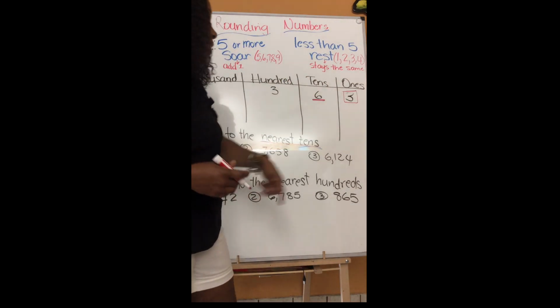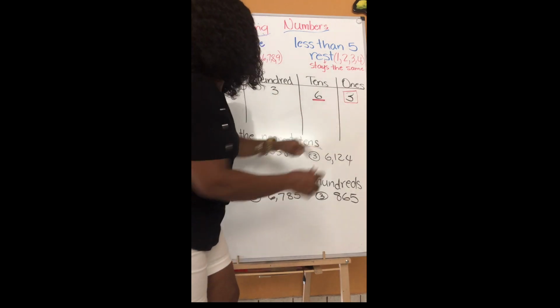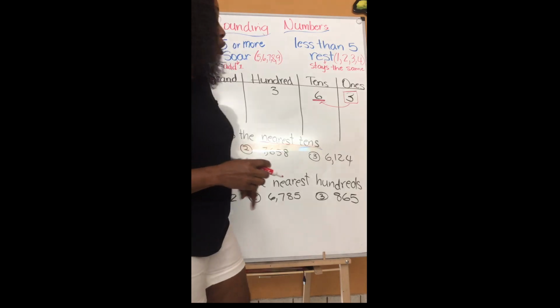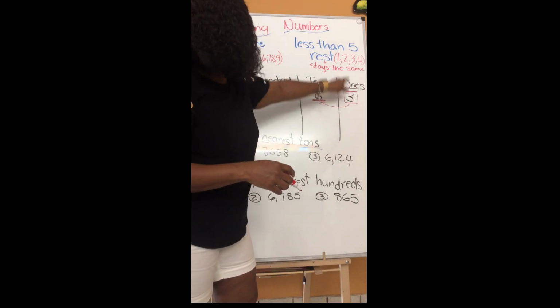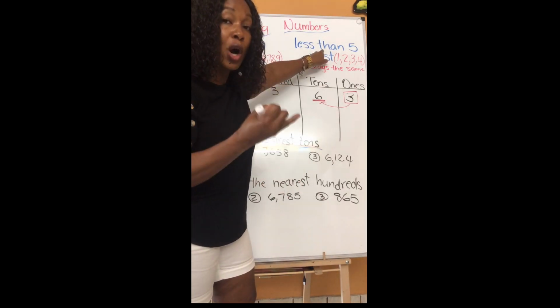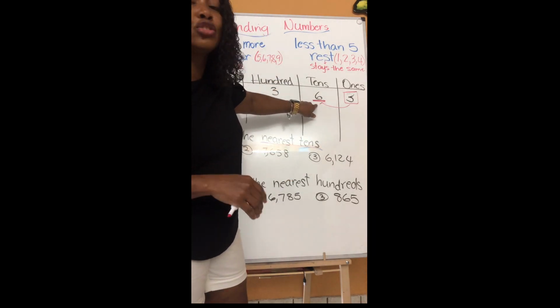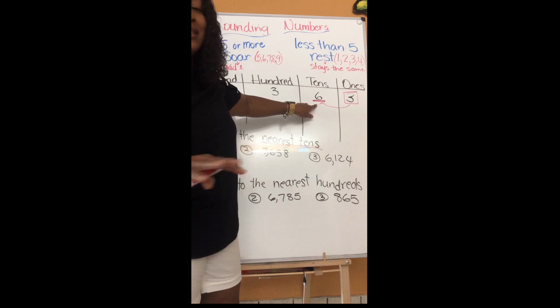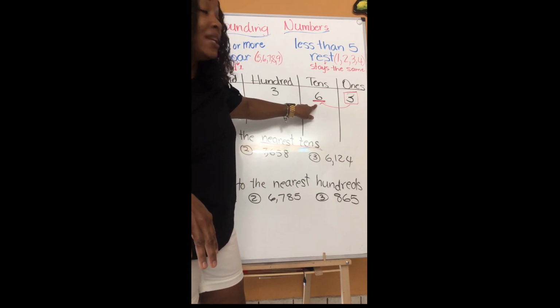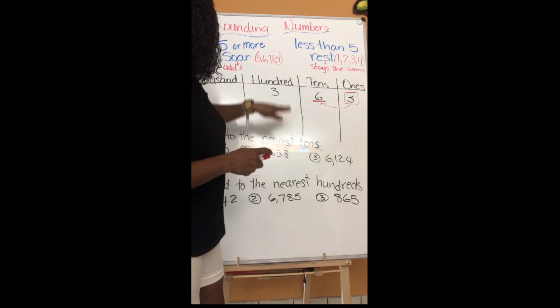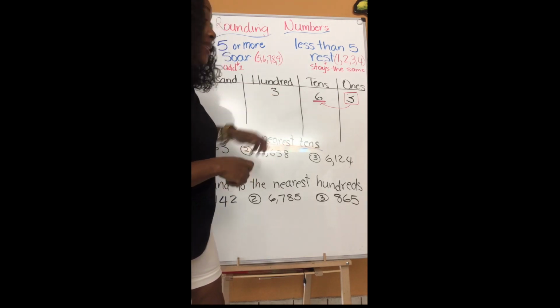So let me go again. This is the boss. The boss tells this one what to do. So if the boss is less than 5, meaning 1, 2, 3, or 4, it tells this one to relax, to rest, don't change, stay the same. All right? So we're going to do that. Now, this digit will always stay the same.